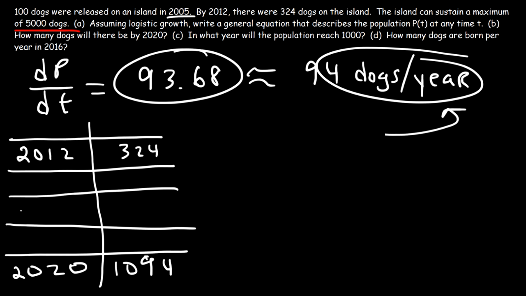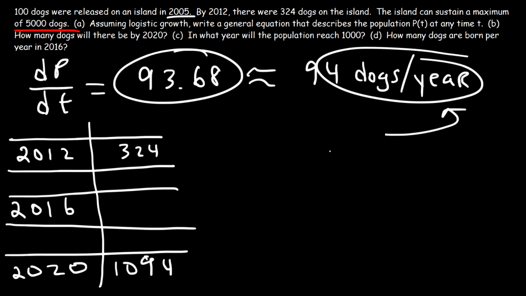Now 2016 is right in the middle between 2012 and 2020. So the average rate of change between the years 2012 and 2020 can give us a good approximation of the instantaneous rate of change at 2016, because 2016 is the midpoint of 2012 and 2020.